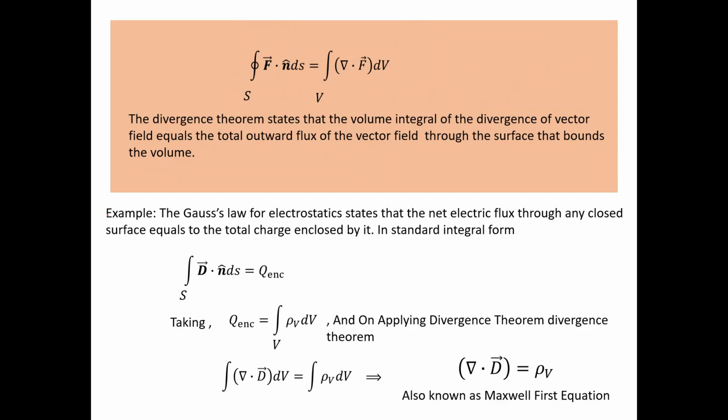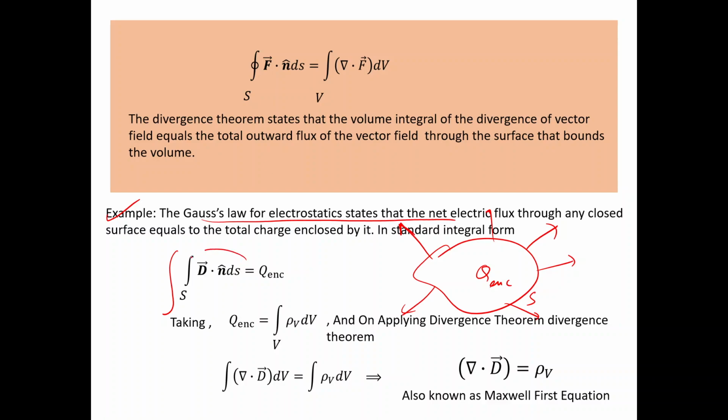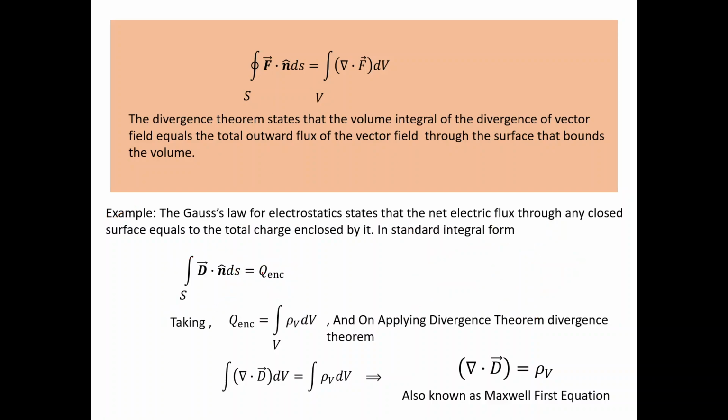Let's take an example. In case of Gauss law of electrostatics, you know that for any surface S, if suppose this charge is present inside the surface, the net electric flux coming out of this arbitrary surface equals the charge enclosed inside the surface.